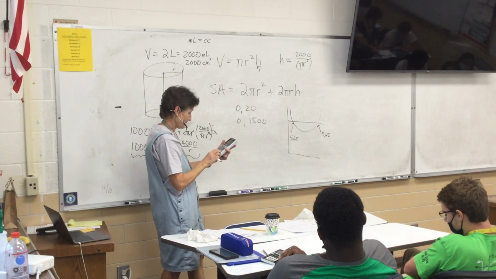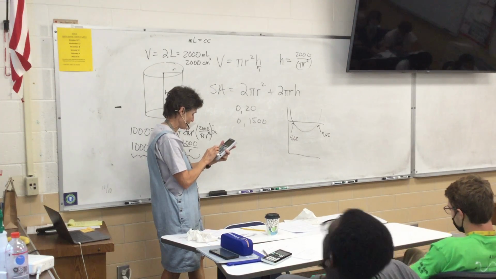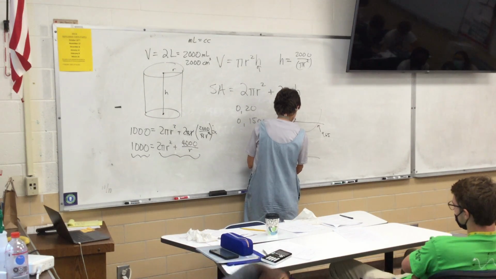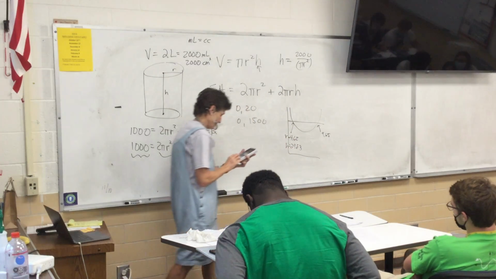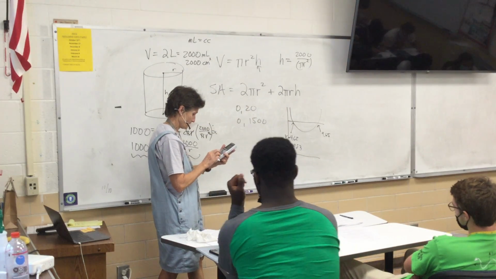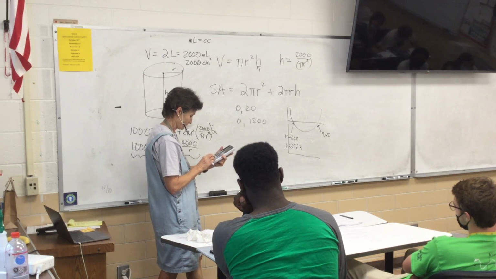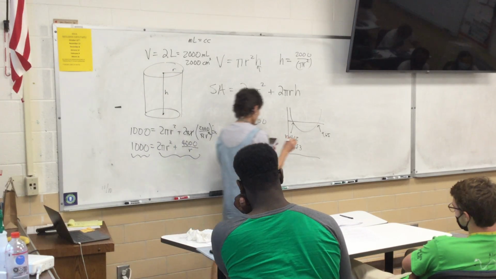So pi times 4.62 squared. Did you get 29.83? And for the other one, 6.84.